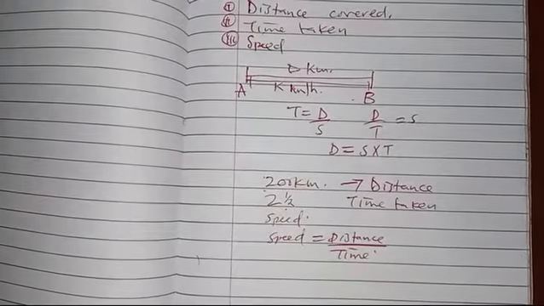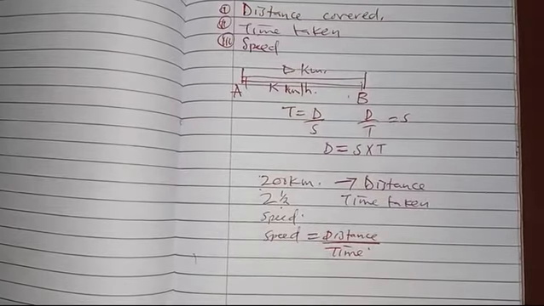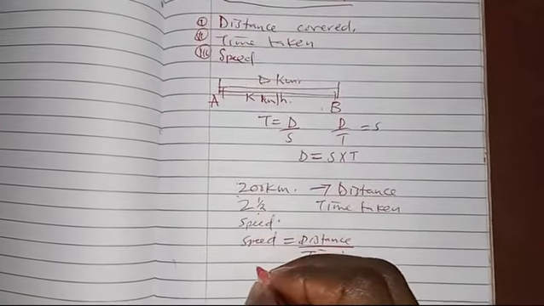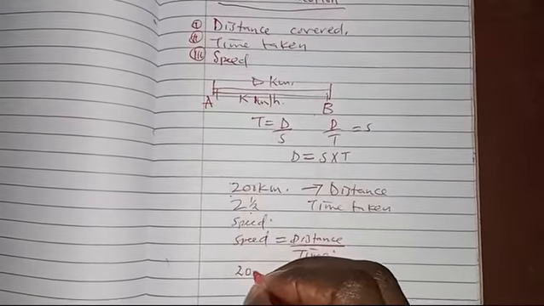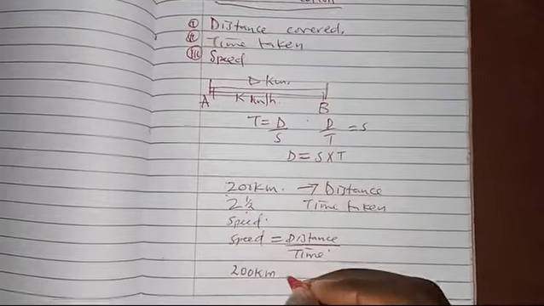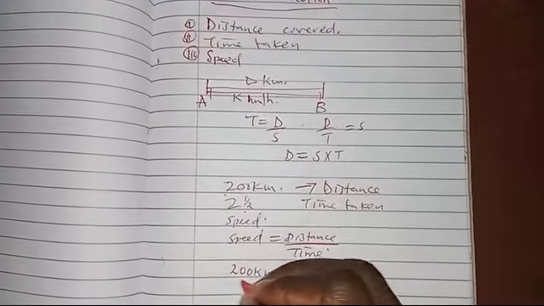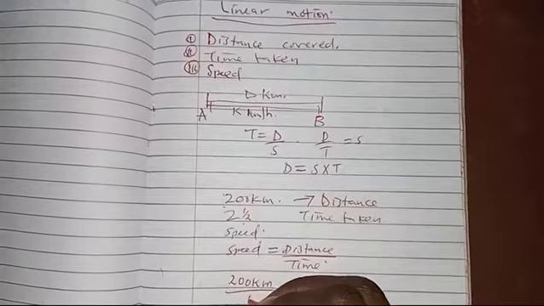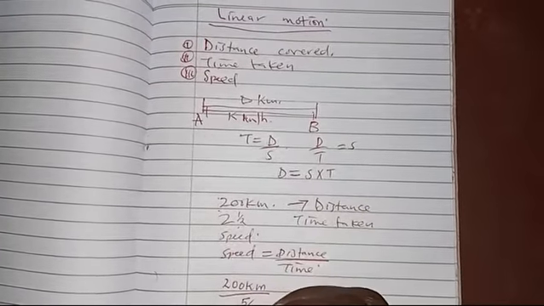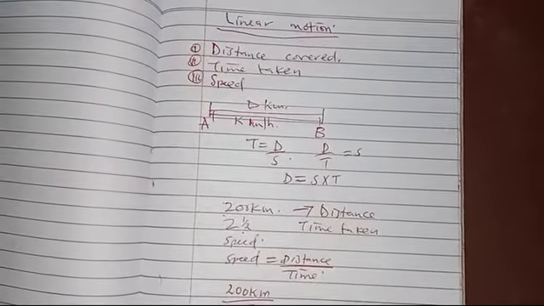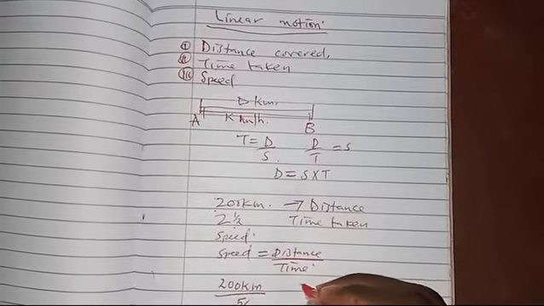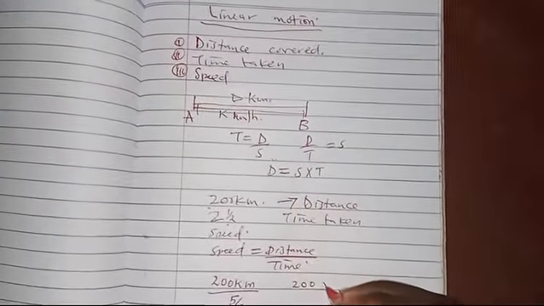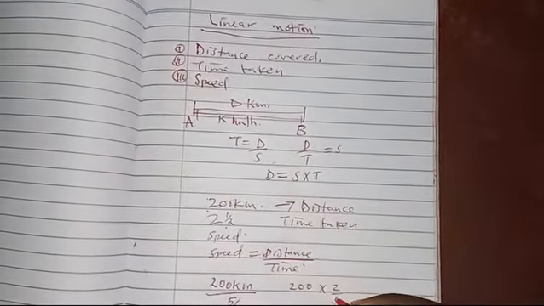You will take your 200 kilometers and divide by 5/2. We change to an improper fraction, which means it's just 200 multiplied by 2/5.